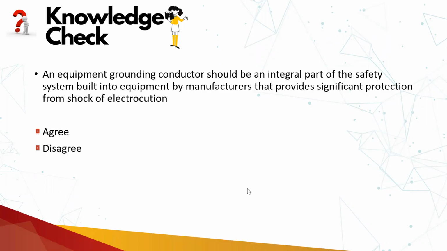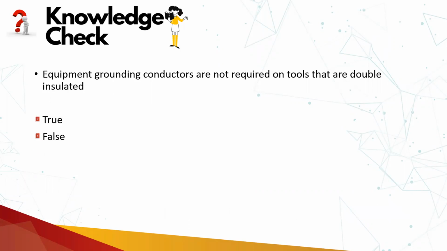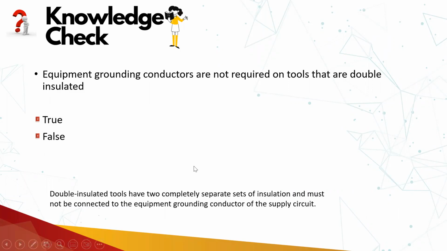Yeah, it's true. The answer is true. The equipment grounding conductors are not required on tools that are double insulated. This is also true. Equipment grounding conductors are not a mandatory requirement if the tools are double insulated.